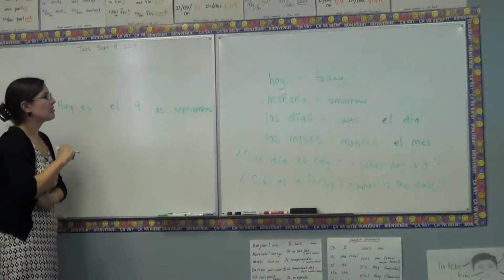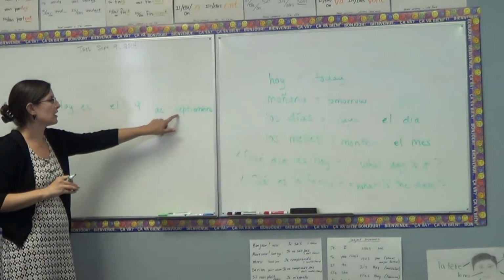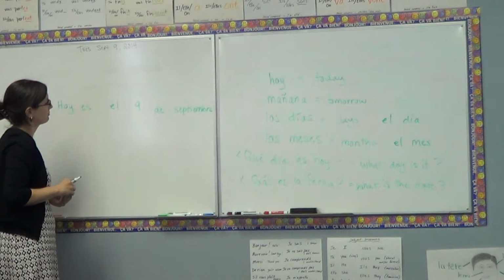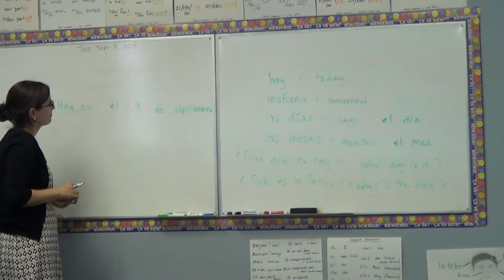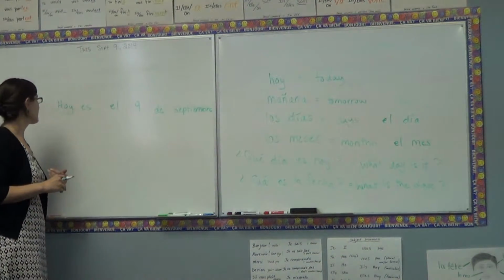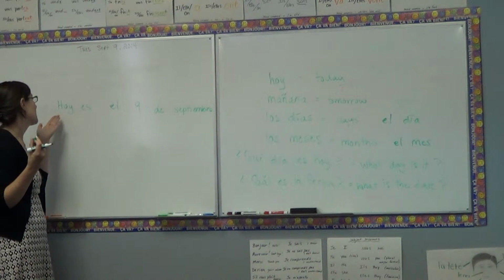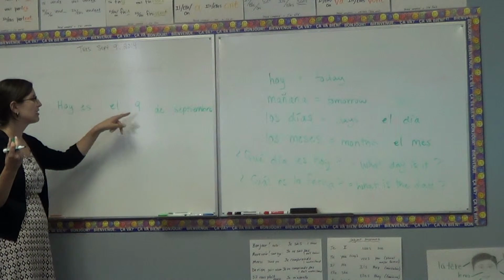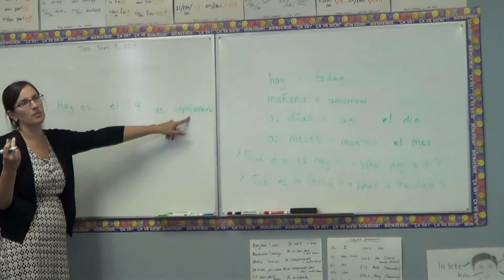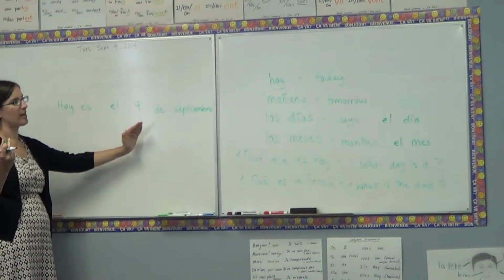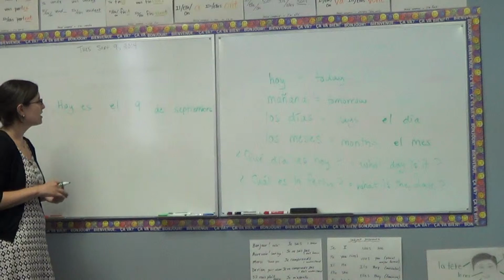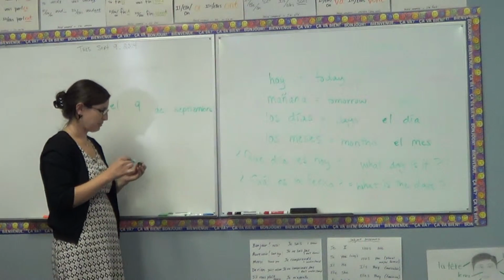And all of our days of the week and all of our months are lowercase. If we read this aloud in English, we'd be saying, today is the 9th of September. So that's how it's always written out in Spanish or said. So el 9 de septiembre.